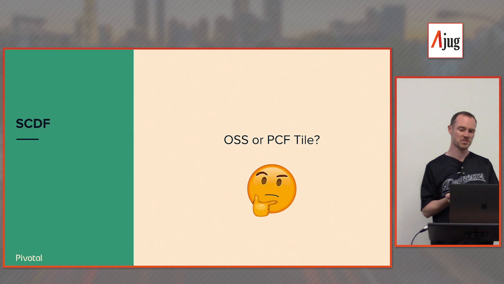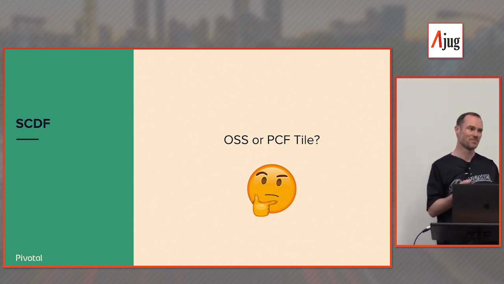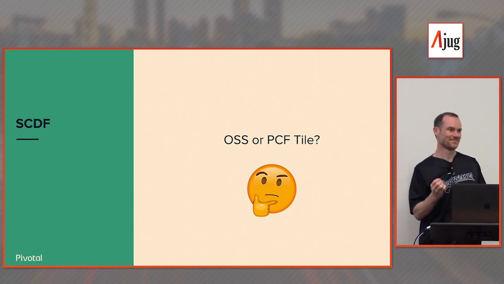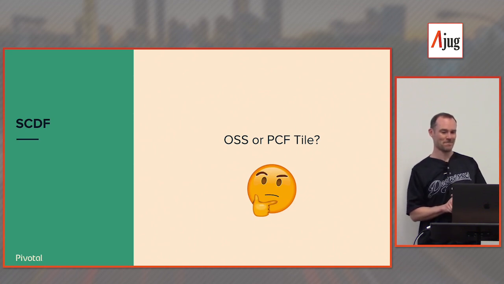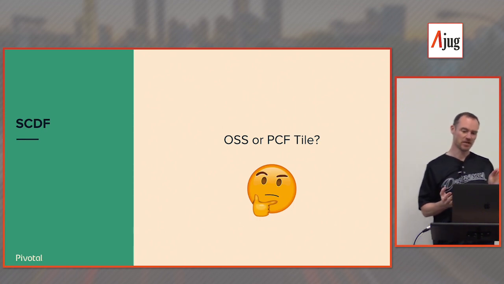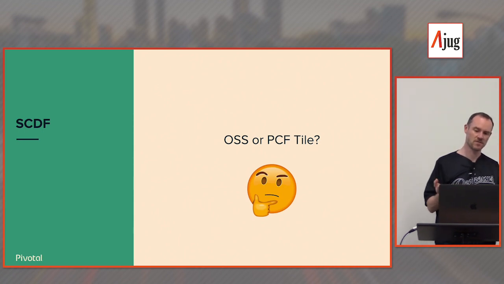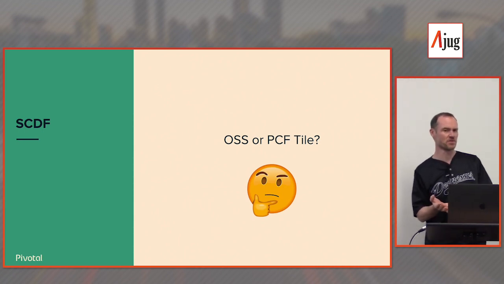Version 1.7 has a dependency on MySQL, or a relational database, Redis, and also if you're using streams, you have to choose what we call a binder, which is Rabbit or Kafka. Within the tile, we do support Redis, and there are options to support Kafka.